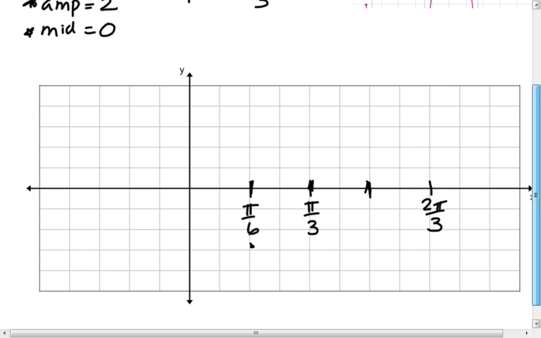I'm going up in increments of 1 pi over 6. And 3 pi over 6 would reduce to pi over 2. If you would rather, to get this spot right here, take 2 pi over 3 times 3/4 and then reduce it, that's totally fine too. Whatever works for you, however it's easiest for you. Okay, my midline is 0. My amplitude is 2, which means I'm going to go 2 up from 0, which is 2, 2 down from 0, which is -2.